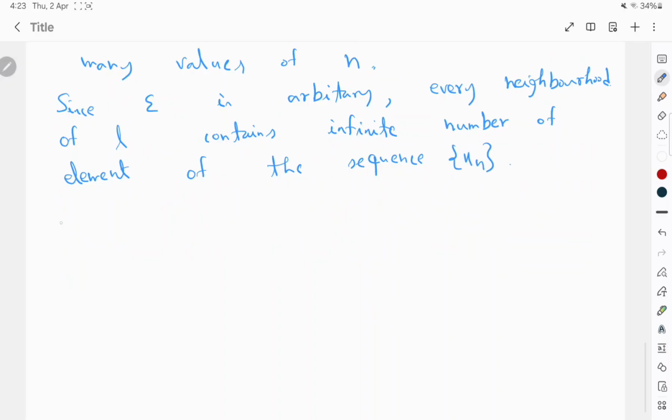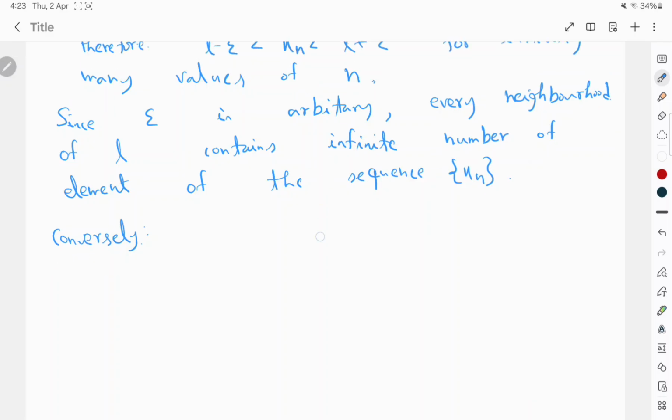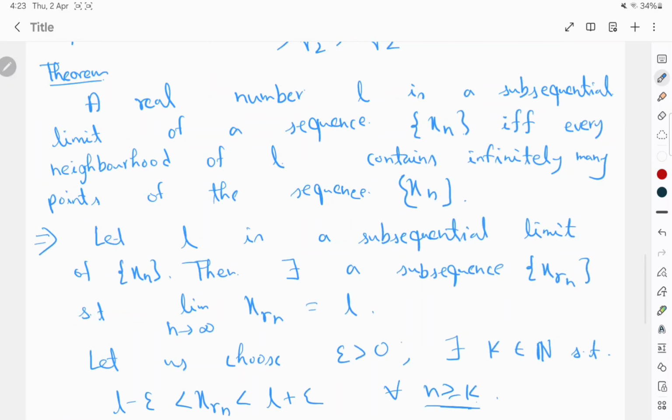Next, conversely, you have that every neighborhood contains infinitely many elements, right?